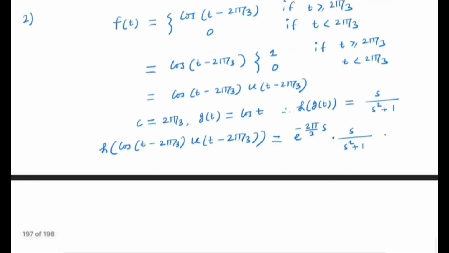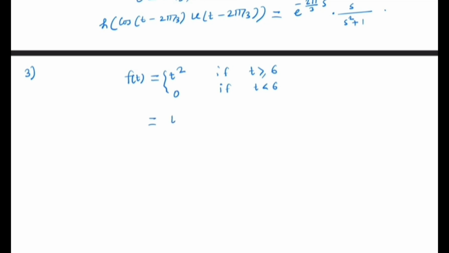Okay. Now we'll take an example where we find the Laplace transformation by the second form of the second shifting theorem. We have to find the Laplace transformation of the function f of t, which is t square if t is greater than or equal to 6 and 0 if t is less than 6.